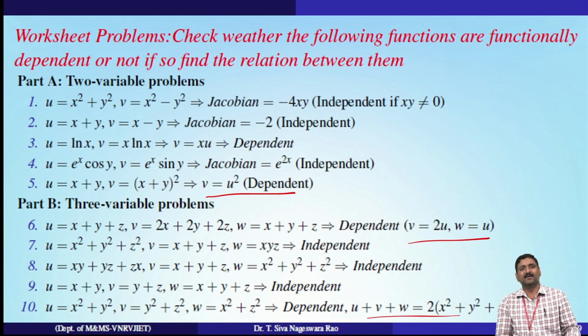Then only you will get a square matrix, and the determinant is possible. Later I explained functional dependence based on the Jacobian value. If the Jacobian corresponding to the given functions is equal to 0, we can say the functions depend upon one another. If not, we can say the functions are independent of each other.